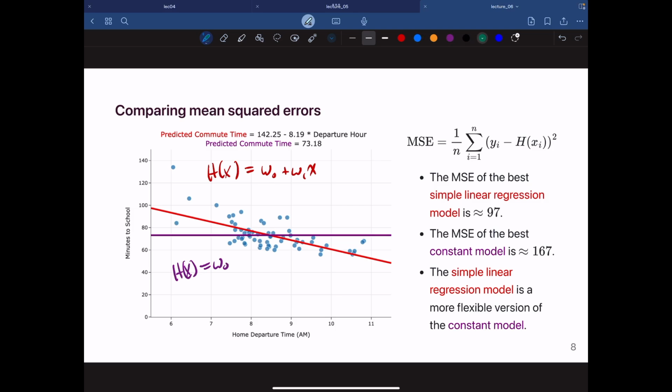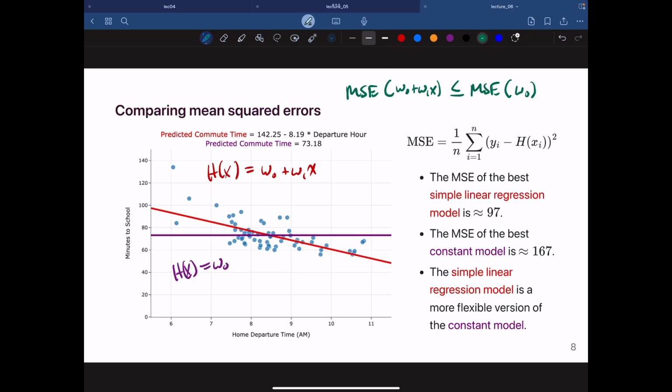Well, one thing we can say is that if we take the mean squared error of both the simple linear regression model and the constant model, we're guaranteed that the mean squared error of our regression model will always be equal or less than, this is the mean squared error now, the function that we're minimizing, the mean squared error of our constant model.